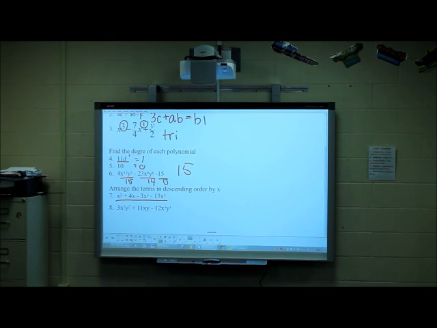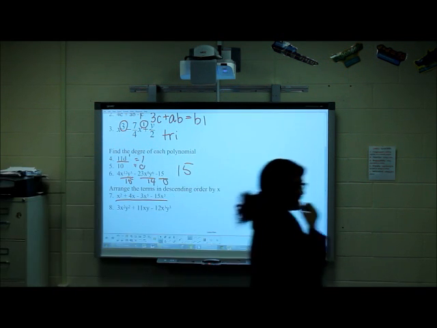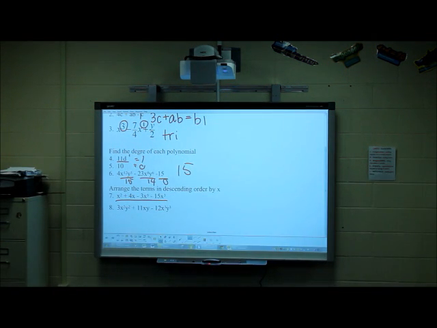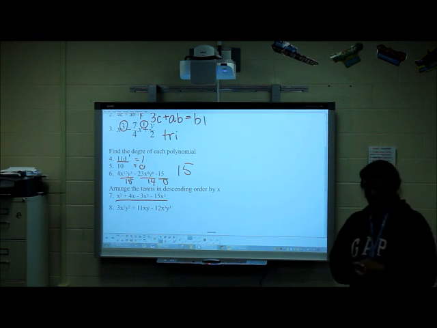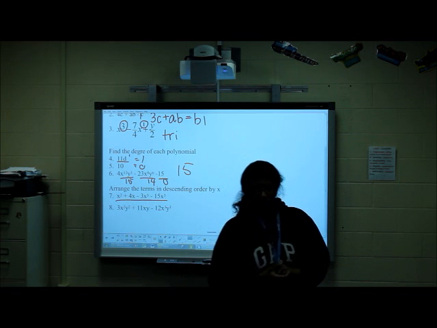All right, on your boards, here's what I want you to write. Write me a monomial that has a degree of 4. Make up one. Write me a monomial that has a degree of 4.